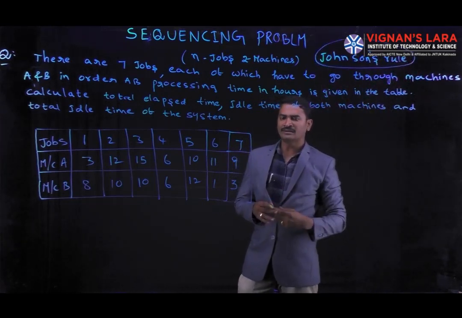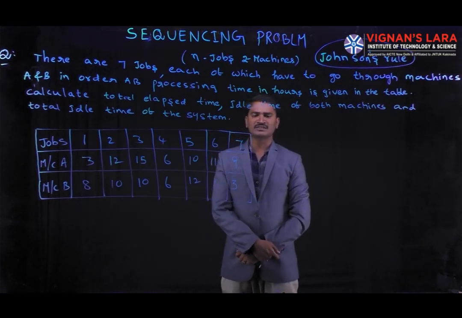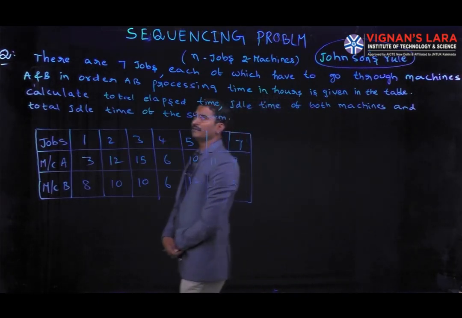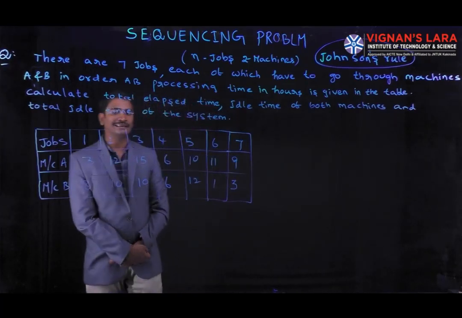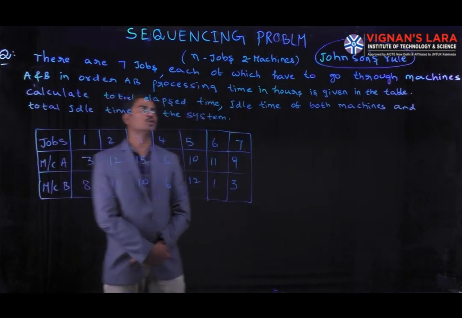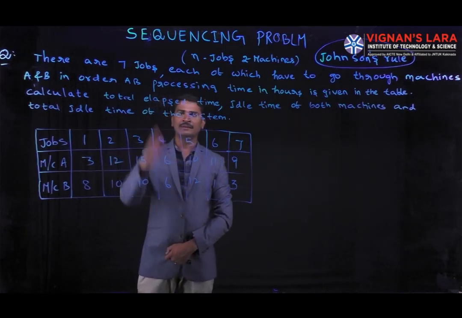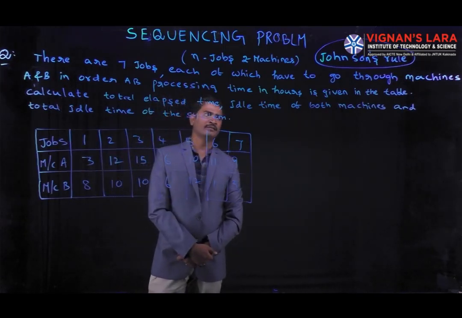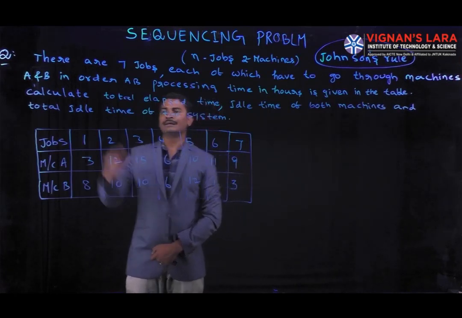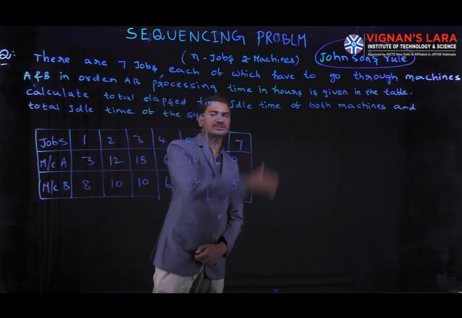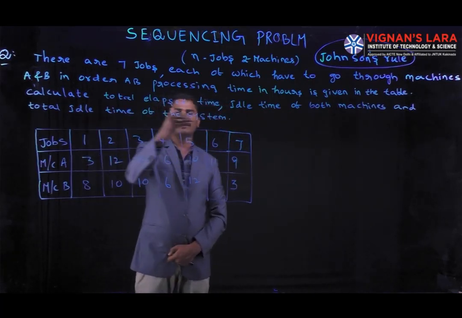I would like to explain n jobs 2 machines by taking an example. There are 7 jobs, each of which has to go through machines A and B in order AB. Processing time in hours is given in the table. Calculate the total elapsed time, idle time of both machines and total idle time of the system.